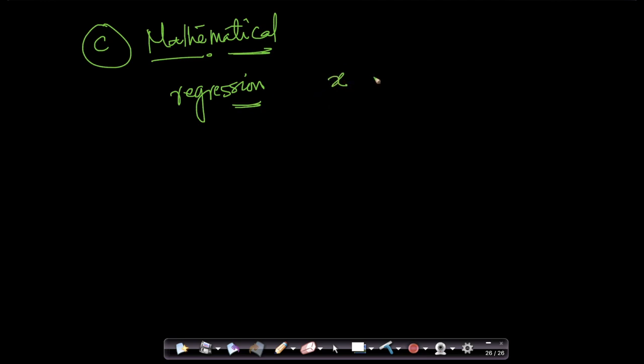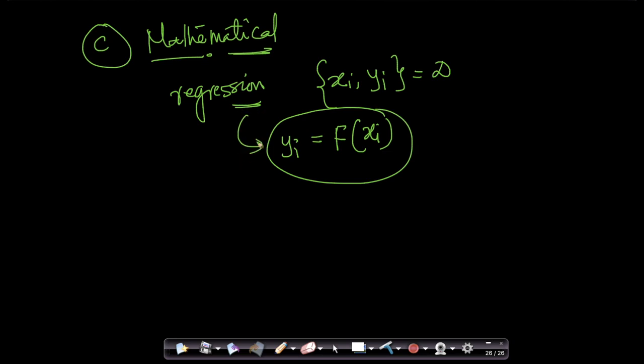You're given xi's and yi's in your data set, and you have to determine a function, let's say capital F, that connects your xi's with yi's. That's the problem of regression.